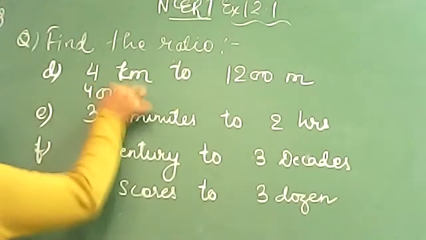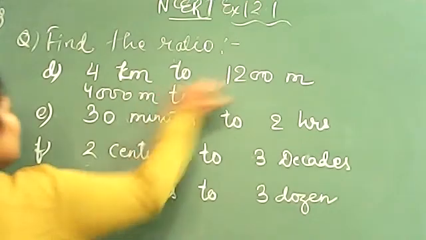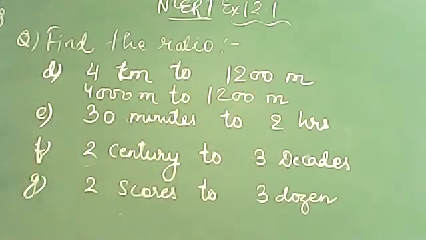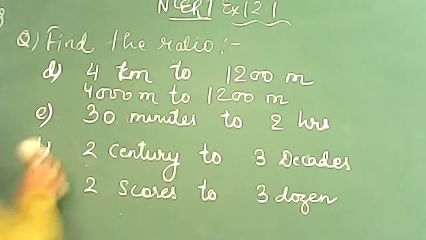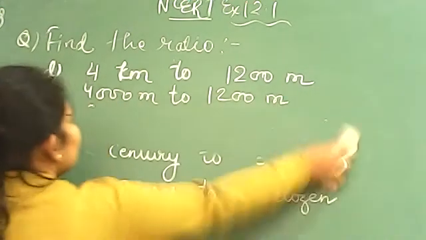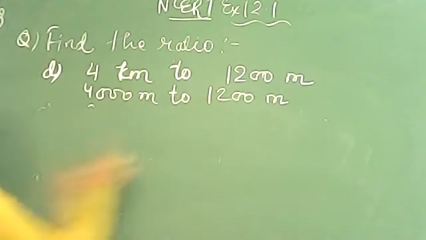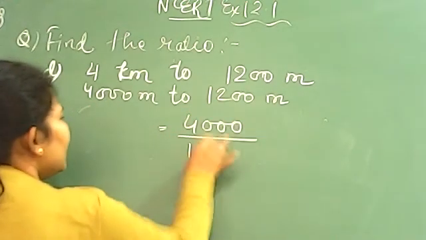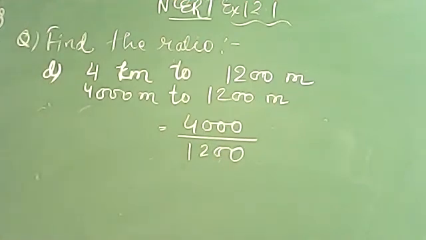It would be 4000 meter to 1200 meter. Now this will be an easier process. It would be now 4000 by 1200. Without converting, do not write for ratio. ठीक है, पहले conversion करो, then put in ratio.